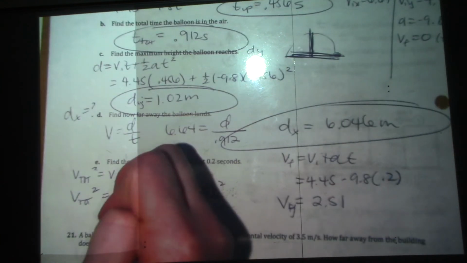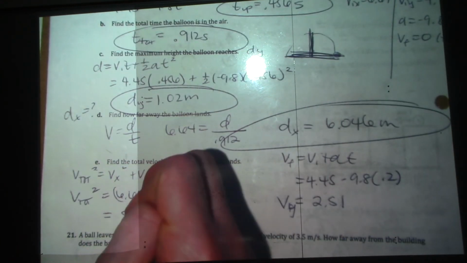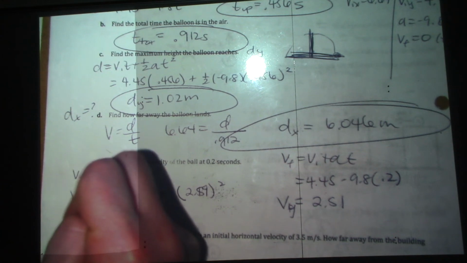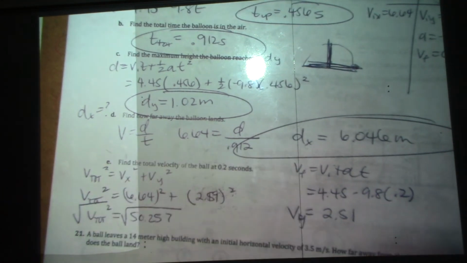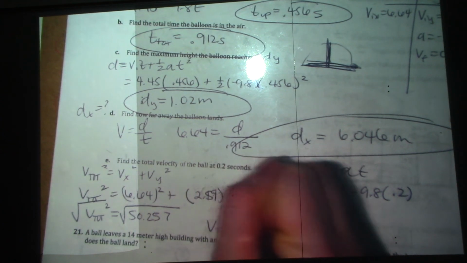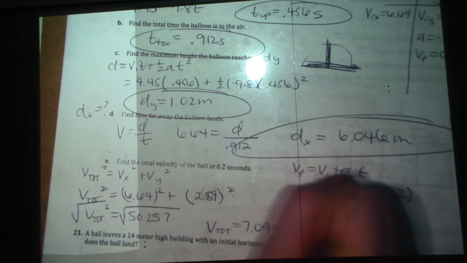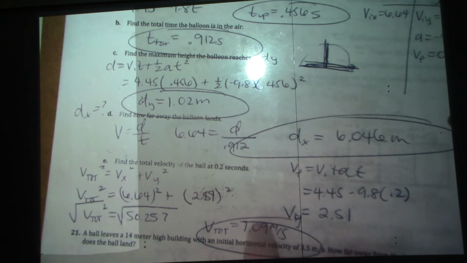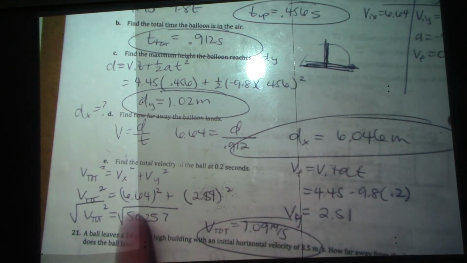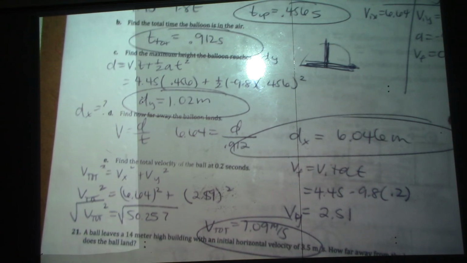And that's going to give me 50.257. But that's not my answer because that's what v total squared is. So to get v total by itself, we take the square root, and that gives me a total velocity of 7.09, which is reasonable, right? If I have a velocity of 6 and 2, then a hypotenuse of 7 is reasonable. A hypotenuse of 5 or 50 is not very reasonable.